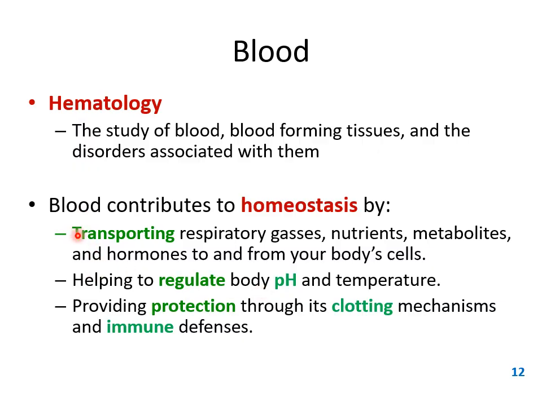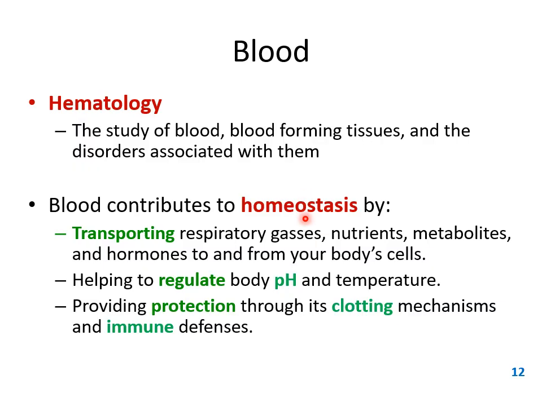Now, besides those two very obvious functions, blood is also very important for protection in two different ways. First, blood has elements that can protect you against bleeding to death. Blood has clotting factors and clotting mechanisms that can stop bleeding, which is hemostasis. Hemostasis means stoppage of bleeding.